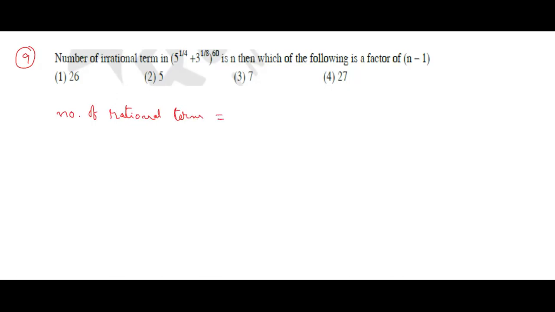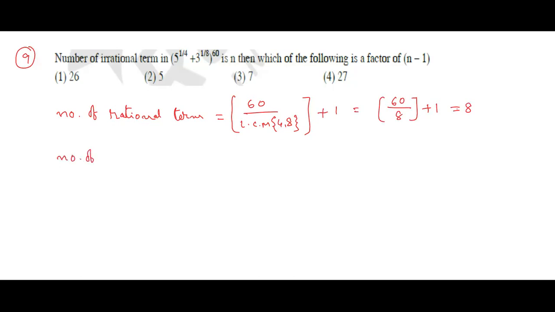This is the formula: rational terms is equal to 60 by LCM of 4, 8, plus 1, because 4 and 8 are factors of 60. So LCM of 4, 8, that is 8 only. Step of 60 by 8 plus 1. Calculate this, you will get 8. These are the number of rational terms.